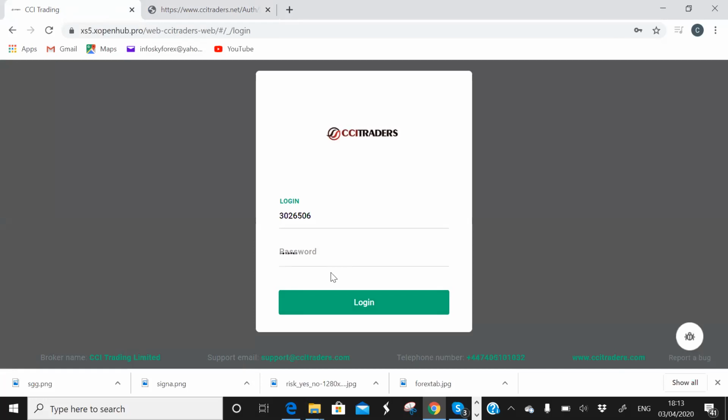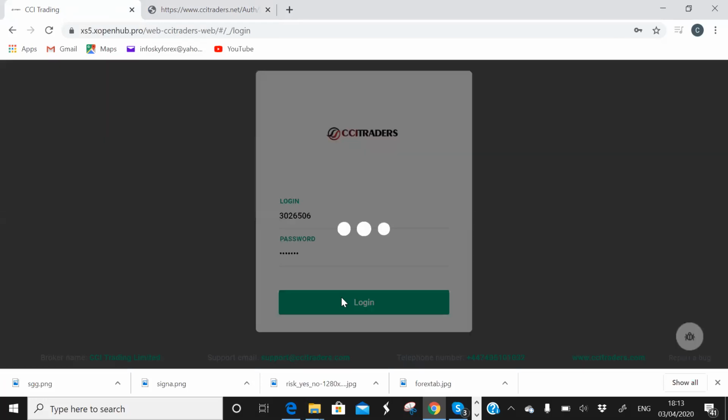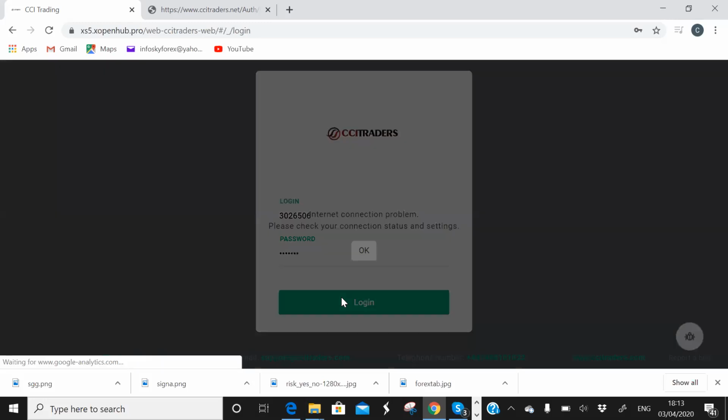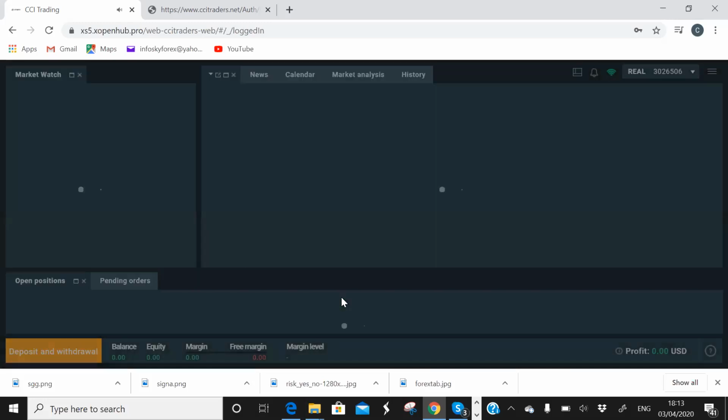This is how it will look. Then you put in your account number here. You put in your trading password, and you log in. Yeah, perfect. The platform has just logged me in, so it's updating.